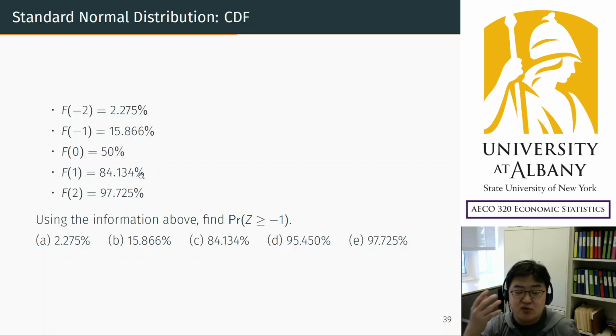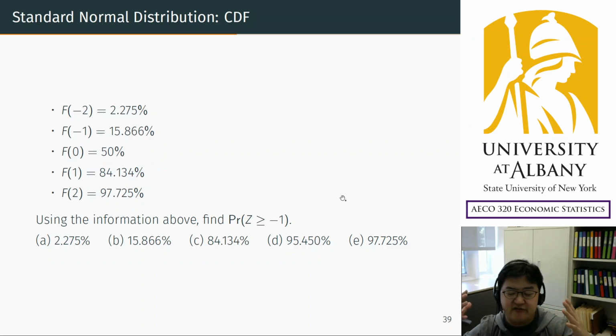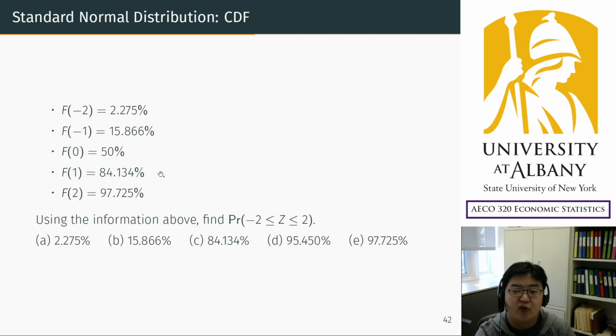So if you use the symmetry, then without looking at this, you can just simply choose this answer. So there are two different ways. If you use the cumulative distribution function approach, you may use this information to calculate this probability. Or if you try to understand it visually and use the symmetry, then you may use this information. Using the symmetry, you may understand these two areas are the same. So either way, the answer is 84.